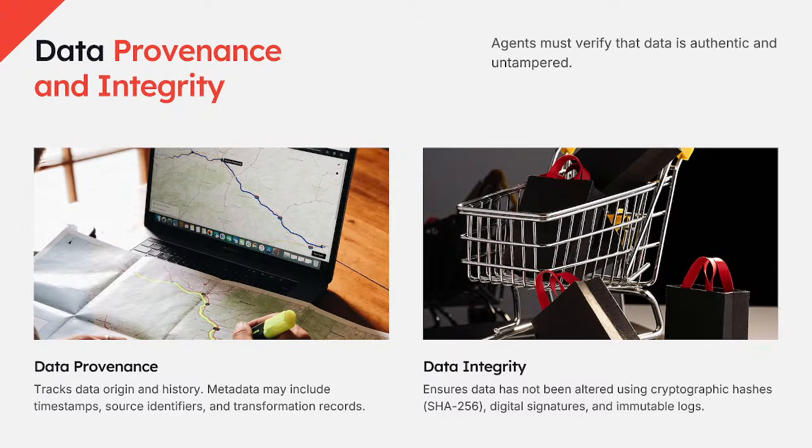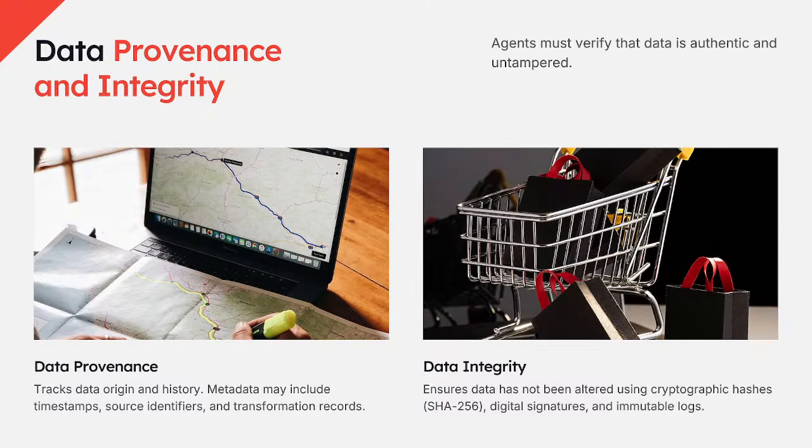Agents must verify that data is authentic and untampered. Data provenance is tracking data origin and history. So implement data lineage, knowing where the data is coming from. For example, in data engineering, we have data lineage, which you can use Microsoft Purview to track. Microsoft Purview tracks your data from origin, from source to transformation to loading to the warehouse and even to Power BI.